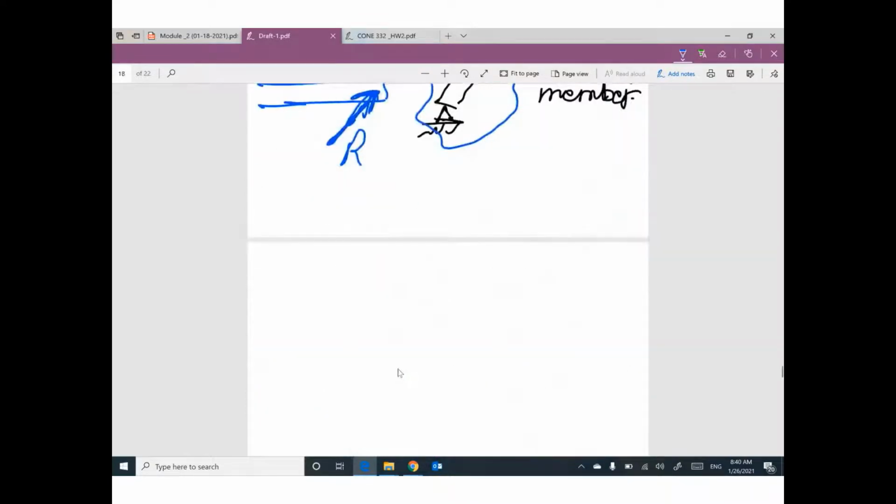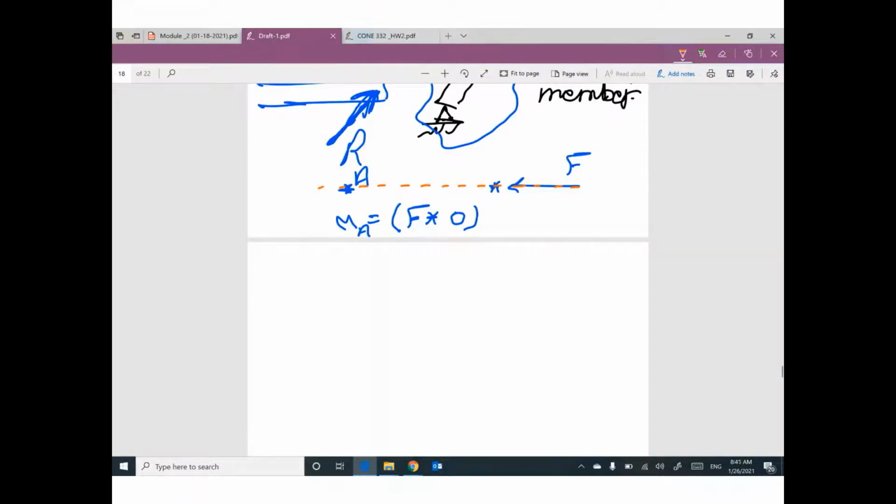If you have a force at this point and you are looking for moment at this point A, this force will be multiplied by 0 to get a moment at this point. Why? Because your force is horizontal.